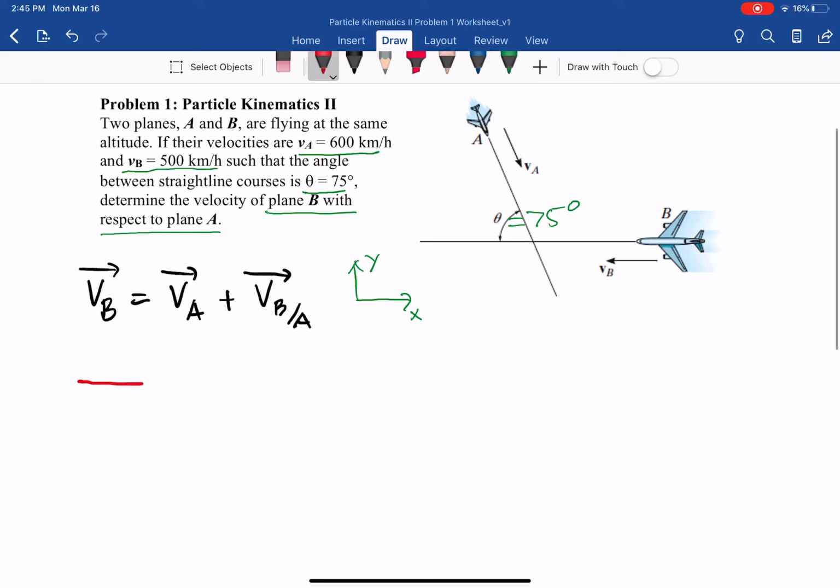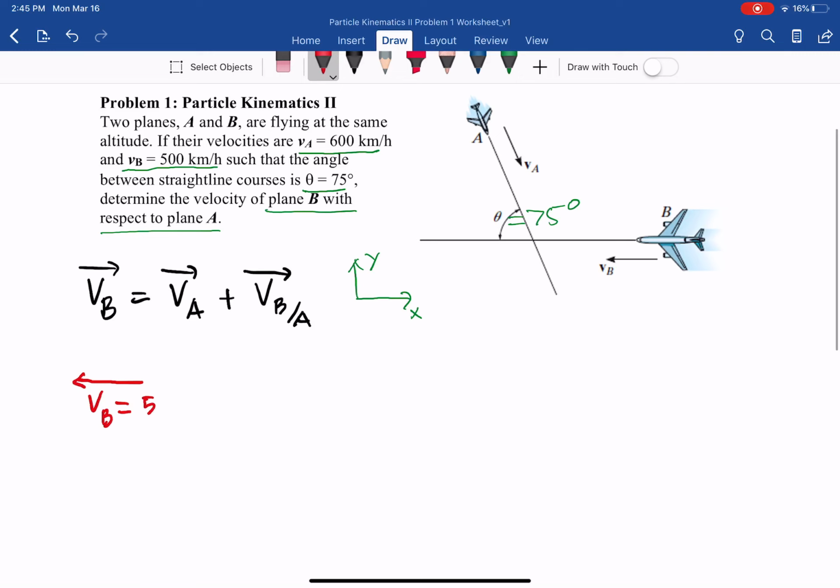The kinematic diagram in here, VB, the velocity of plane B here, 500 kilometers per hour. Equal sign, let's put that. Equal to VA, which goes down, 75 degrees in there.